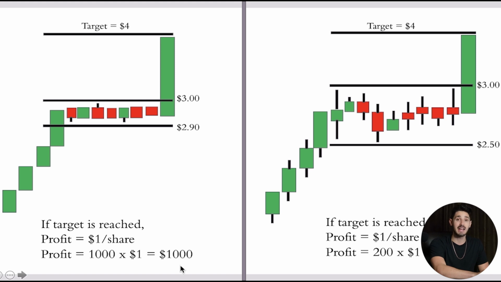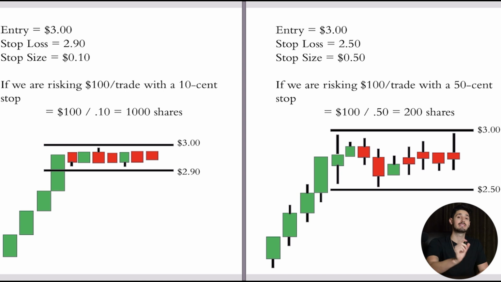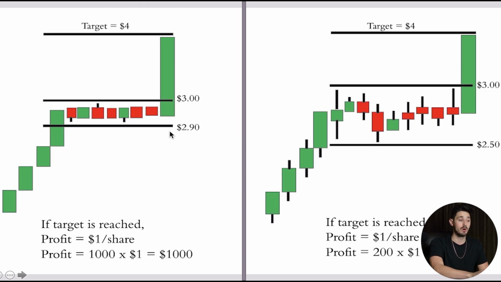We're making literally 5 times more on setup 1 because we have a tighter stop loss, right? Here, the size of our stop loss is only 10 cents. Here, it's 50 cents. And as a result, once the trade hits our target, we're making way more on the setup that has a tighter stop loss compared to the setup that has a wider stop loss.